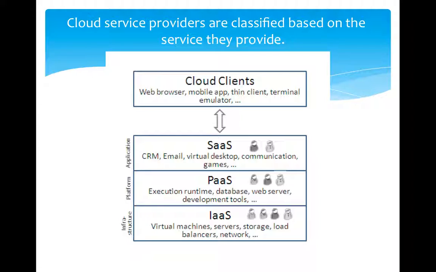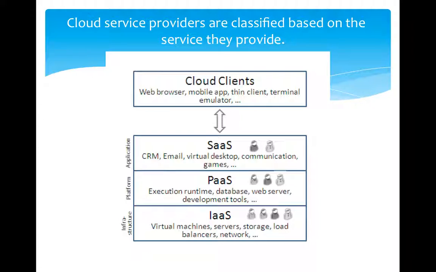Then there comes infrastructure as a service, which is provided by several service providers. AWS, Amazon Web Services, is one example of infrastructure as a service, and they provision virtual machines for you.